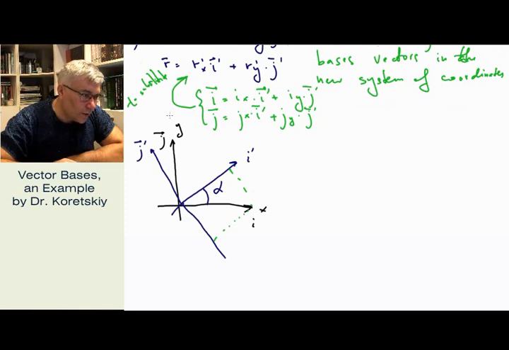So if I have the i vector here, I can calculate its components in the new system of coordinates as a projection in the direction x prime.